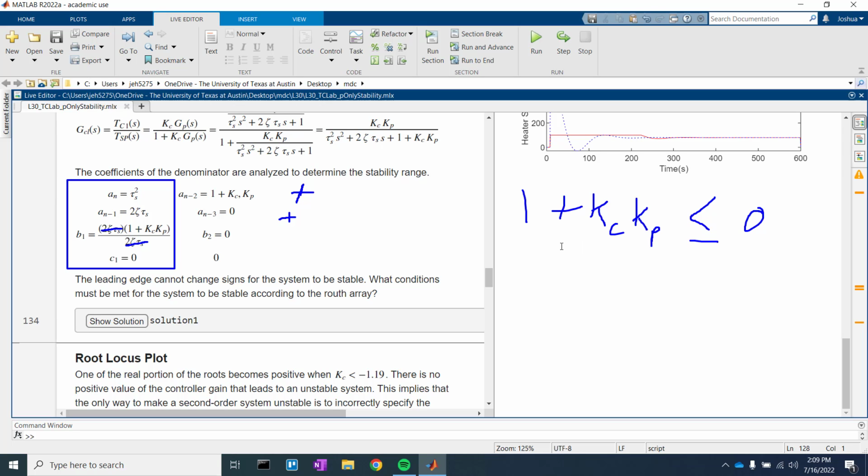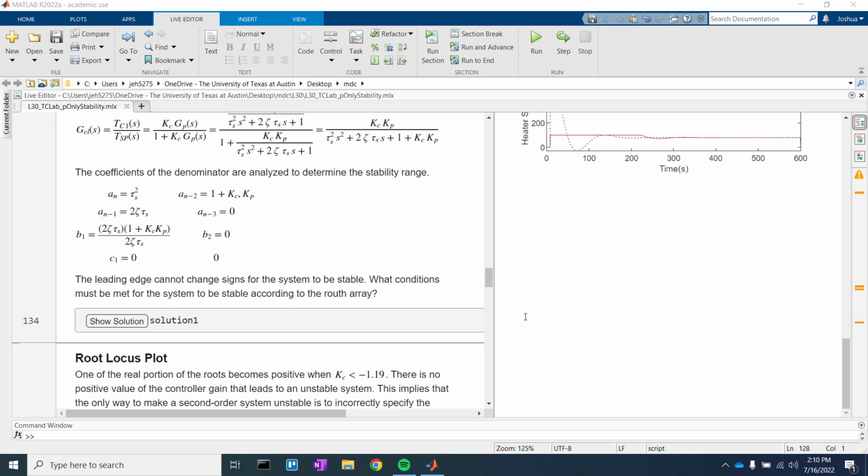And by the way, when I say I think, I mean we are. So, Kc times Kp is less than or equal to, we take the negative, that's going to be less than or equal to negative 1.